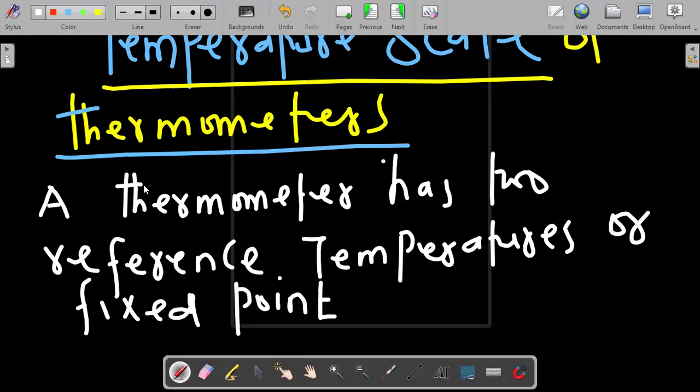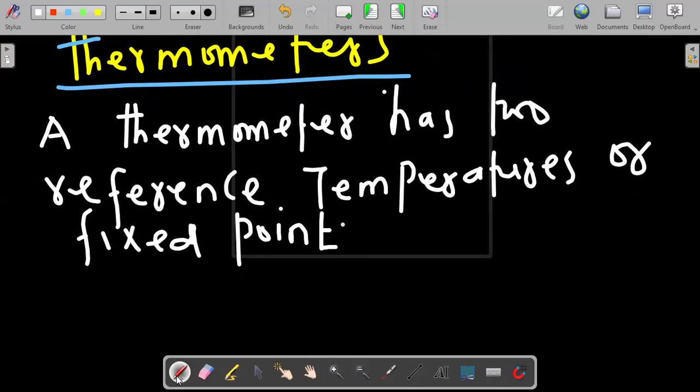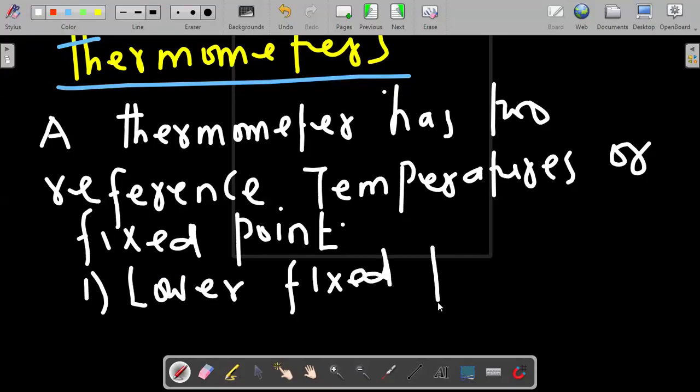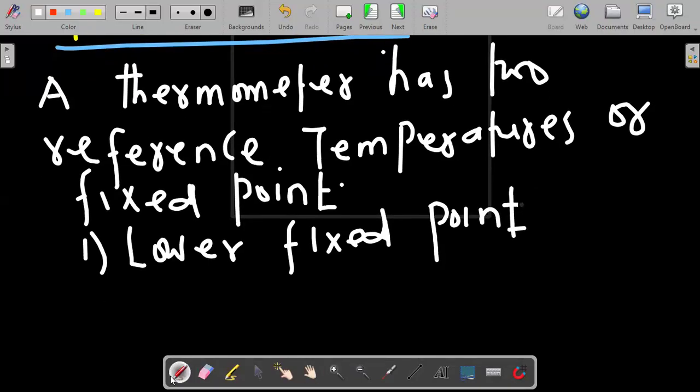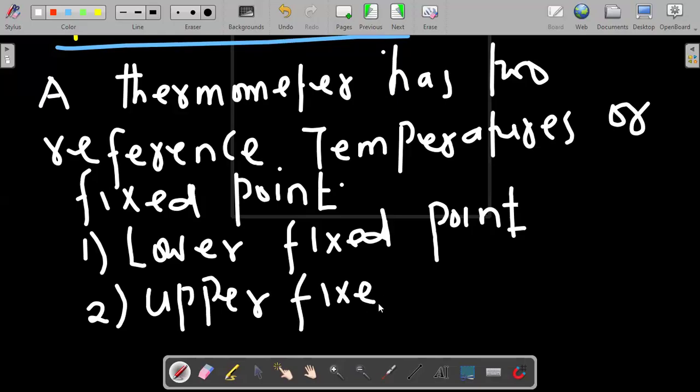They have two reference temperatures or fixed points. So what are these fixed points? They are called the lower fixed point, and the other one is called the upper fixed point.